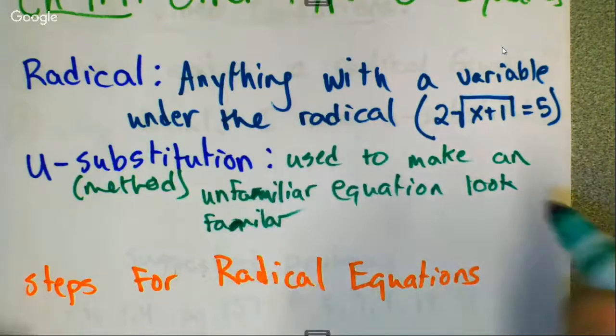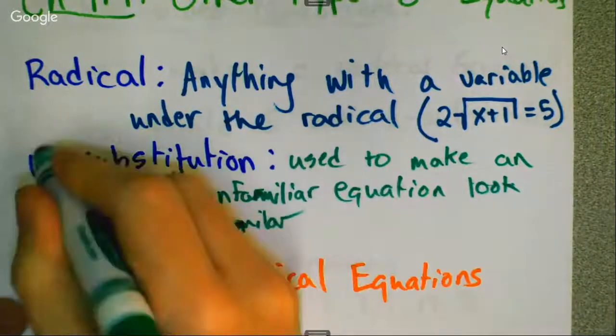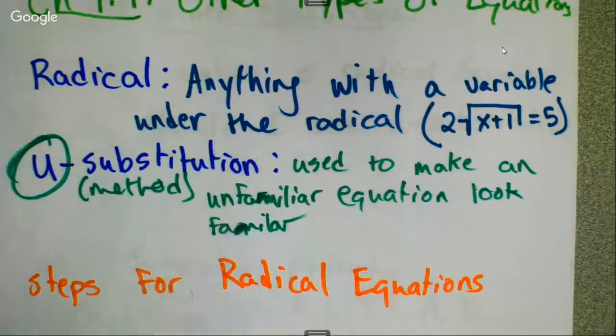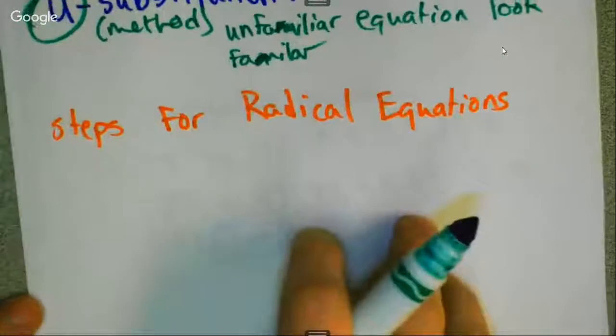Okay, so you're taking some weird looking equation. You're going to use the letter U. You're going to take some things out, solve it, and then put it back in. And we'll do a couple of those in class.